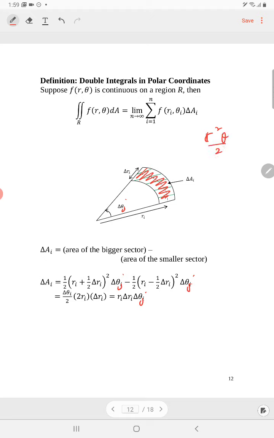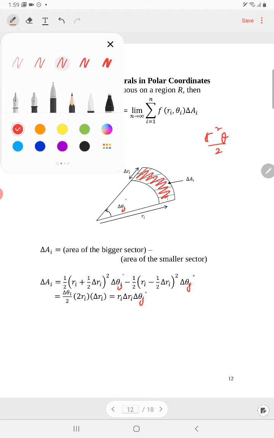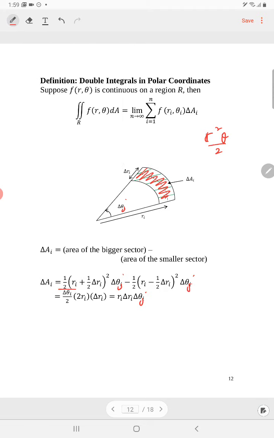Okay, so using that formula, the area of the bigger sector would be a half, radius is ri plus a half delta ri, square that, and the angle is delta theta j. And then minus the area of the smaller sector, the difference is just the radius. Now it's going to be ri minus delta ri over 2. So we need to square that. And then simplify this.